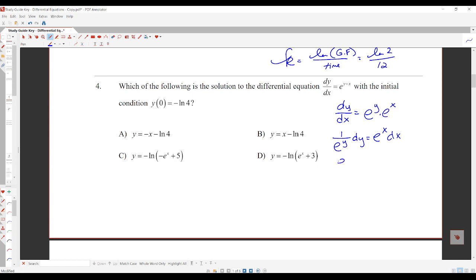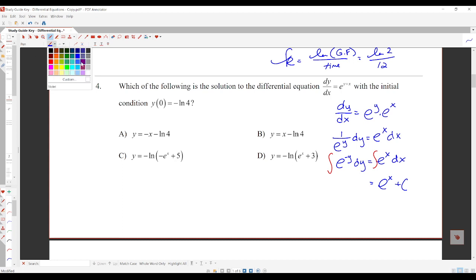So I'm going to rewrite this as e to the negative y dy equals e to the x dx, and we're going to integrate. The right side works out nice and easy: the integral of e to the x is e to the x plus c. On the left side, we have an issue in that the exponent is a function, so I need the derivative of that in my problem.